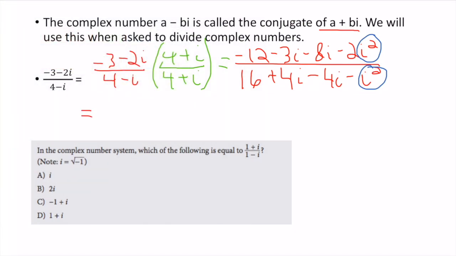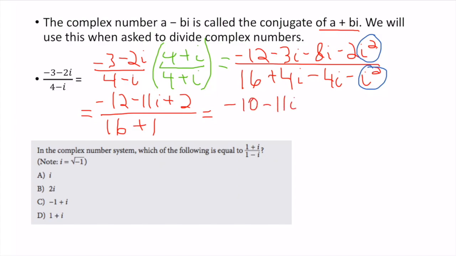When I simplify the top, I get negative 12 minus 11i plus 2, which is just negative 2 times negative 1. And on the bottom, I got 16 plus 1. So I'm just left with negative 10 minus 11i all over 17.